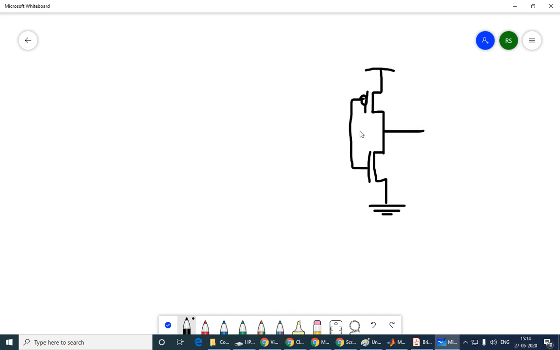And like I said, from now onwards, along with the circuit, we need the W by L. And unit inverter definition is fixed, 2 and 1. Now let me draw a 2 input NAND gate.